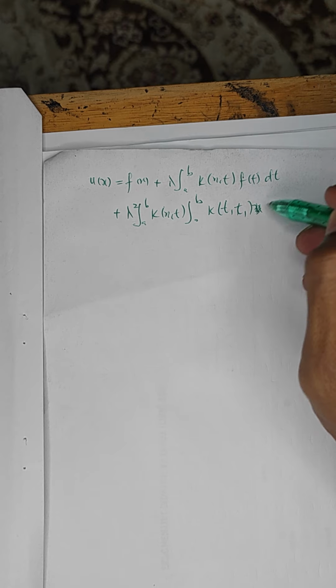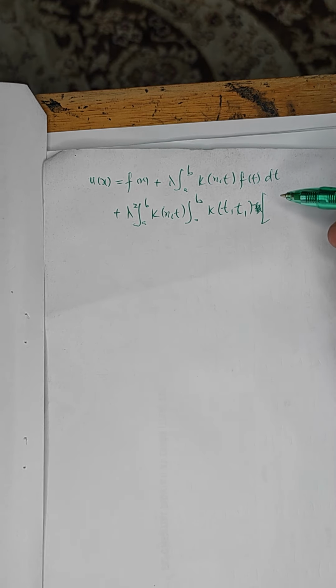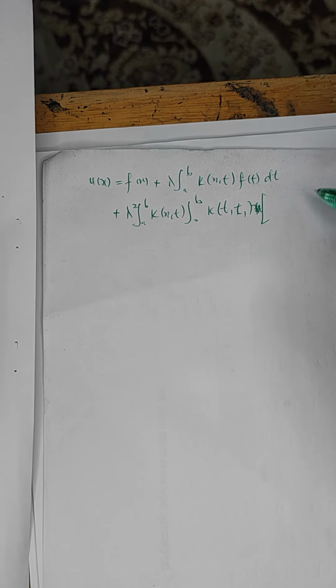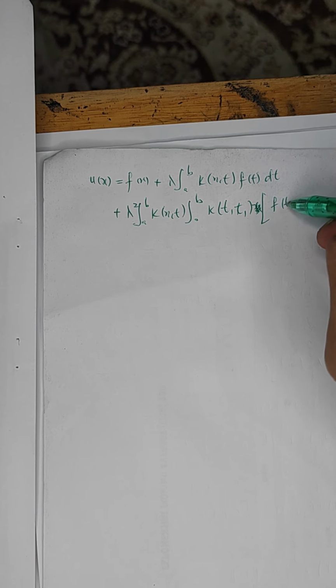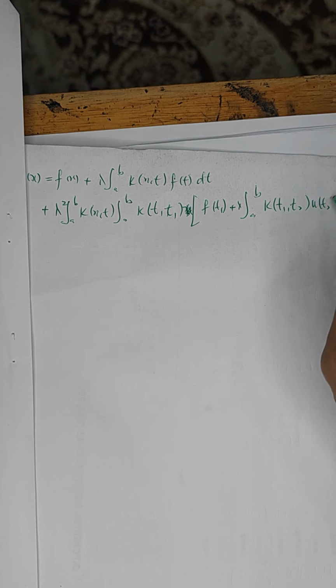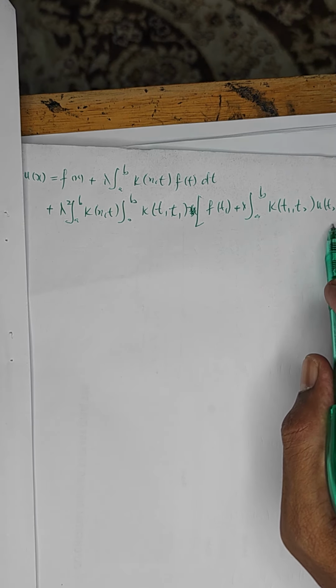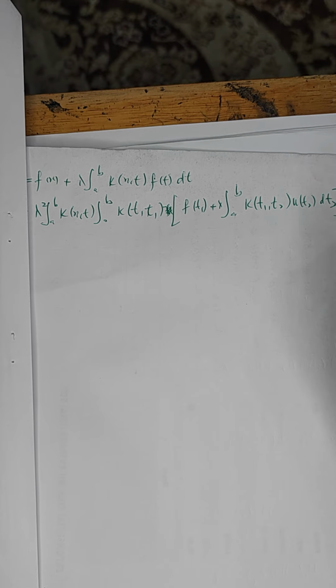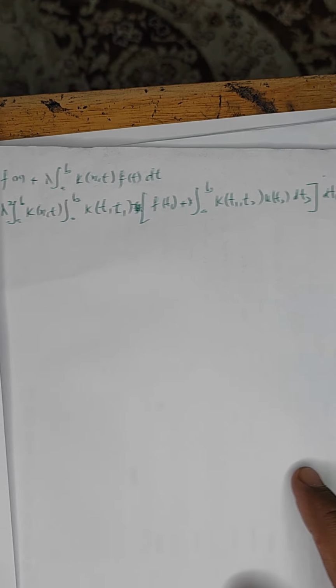Now u(t1) we change with the one that we obtained earlier: f(t1) plus lambda integrate a to b k(t1,t2) u(t2) dt2, and then we have dt1 dt at the end.